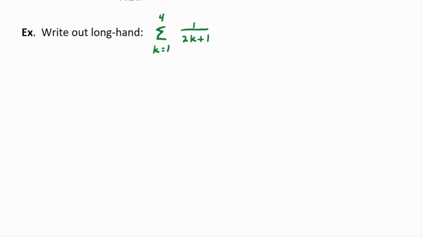So this would be equal to 1 over, you start with k equals 1, so 1 over 2 times 1 plus 1. There's your first term. Now, we'll simplify that in the next step. And then what do you plug in? 1 over 2 times 2 plus 1. That's your second term. What's your third term going to be? 1 over 2 times 3 plus 1.